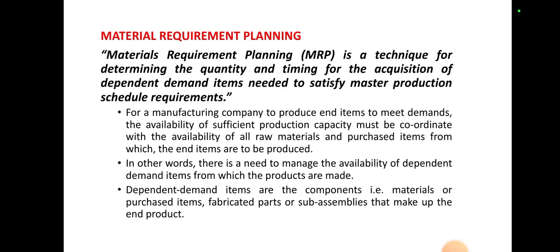In other words, there is a need to manage the availability of dependent demand items from which the products are made. Dependent demand items are the components, that is, materials or purchased items, fabricated parts, or sub-assemblies that make up the end product.